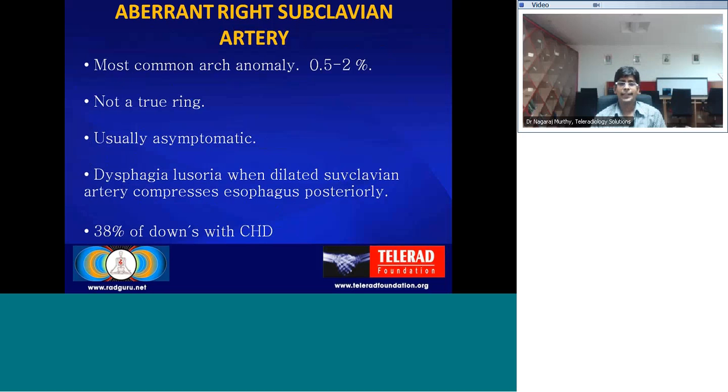Aberrant right subclavian artery is the most common anomaly, seen in about 0.5 to 2% of the population. It is not a true ring, and it's usually asymptomatic. Sometimes the dilated subclavian artery compresses the esophagus posteriorly and can cause dysphagia. It's called dysphagia lusoria, and it's seen in about 38% of Down syndrome with congenital heart disease.